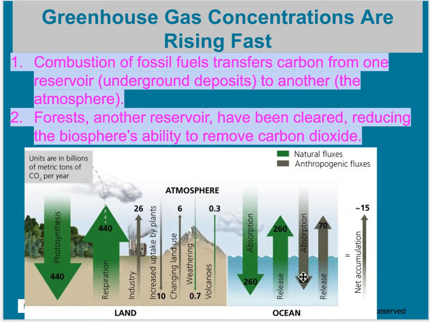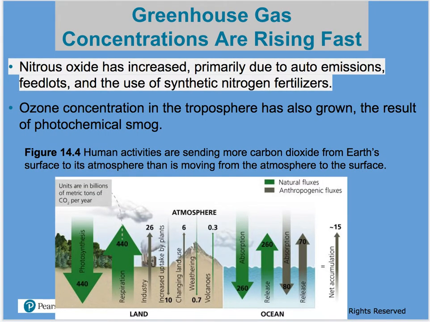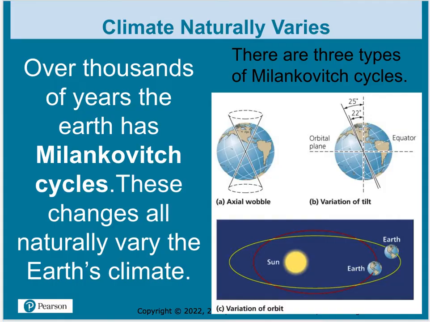This acidifies our oceans, and they will become basically a reservoir or a carbon sink. Nitrous oxide is due mostly to fuel, like auto emissions, and feedlots, different nitrogen fertilizers. It is also something that is absorbed back into the atmosphere, and it creates greenhouse gases.